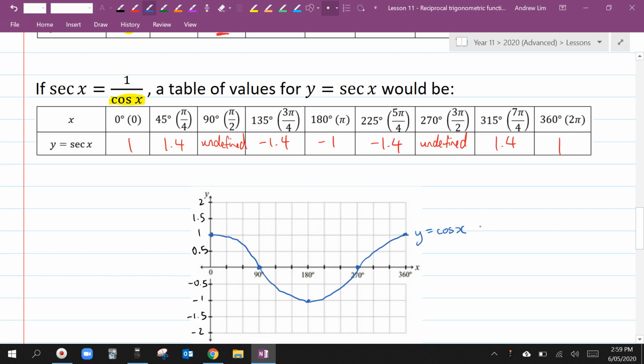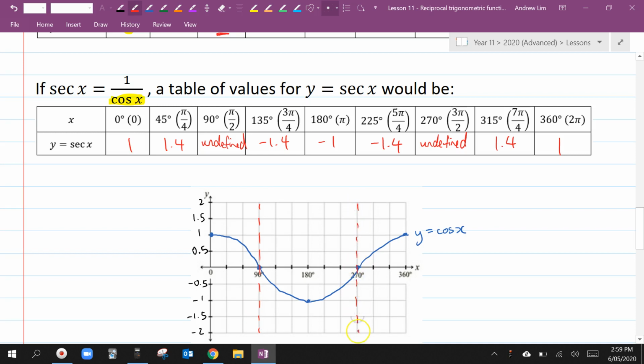But we want to sketch y equals secant x. I'll draw that in red. Let's put in our asymptotes. Our asymptotes are at 90 degrees and at 270 degrees.